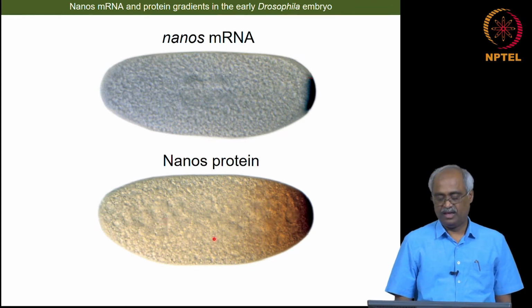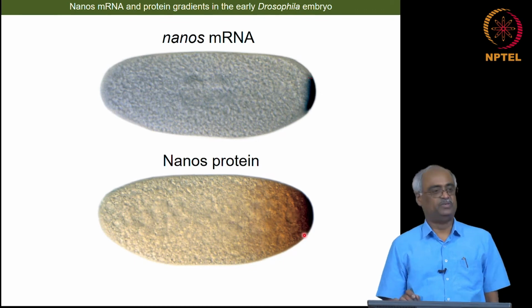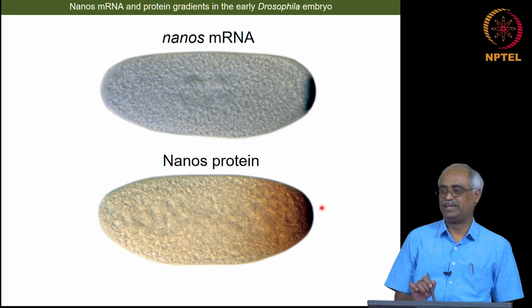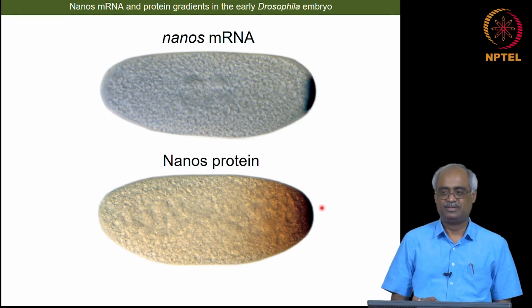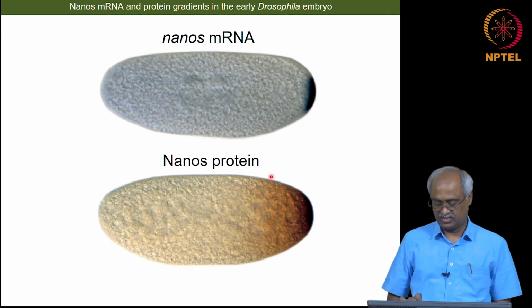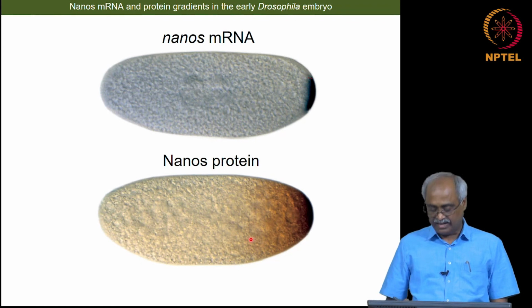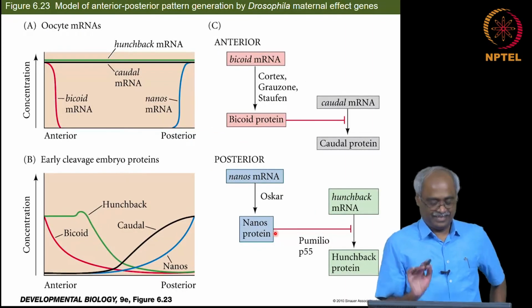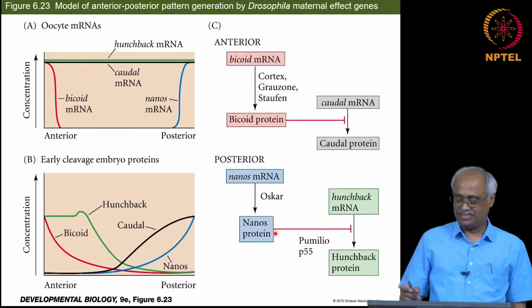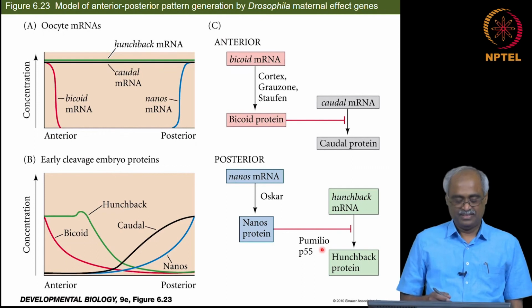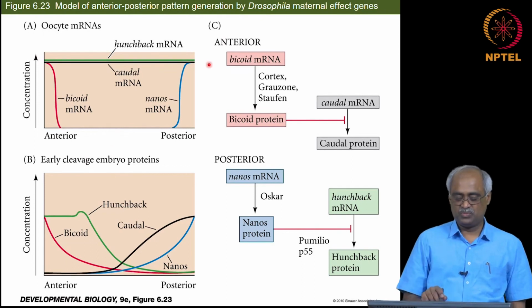This nanos protein produced here, in collaboration with pumilio, binds to hunchback mRNA and suppresses the translation of hunchback, and that prevents the anterior structures forming here, and allows abdominal structures to form. So, this is a summary of that, the cartoon, and this gives you a hierarchy the same way we saw for dorsal.